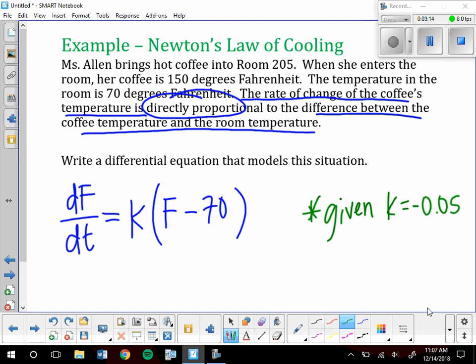So dF/dt equals K times (F minus 70). Also, we do have an initial condition. F of 0, the coffee temperature at time 0, is 150 degrees Fahrenheit. So here's our differential equation that models this situation.